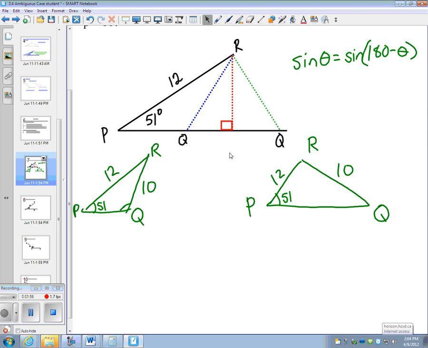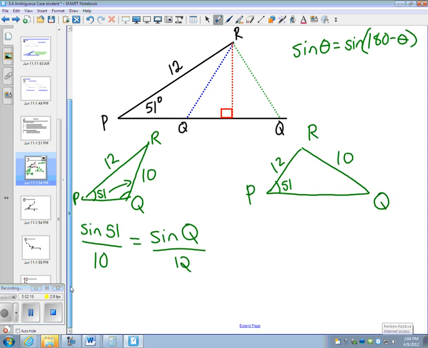Okay, so we know that in this triangle, the ratio of the sine of 51 to the side length opposite, 10, is equal to the sine of Q, and we don't know what Q is, to 12. Cross multiplying, we get the sine of Q is equal to 12 sine 51 divided by 10.